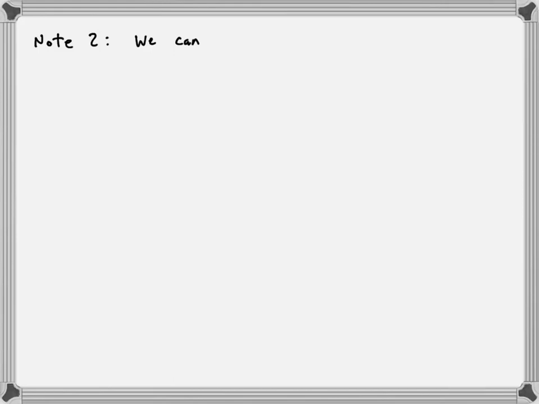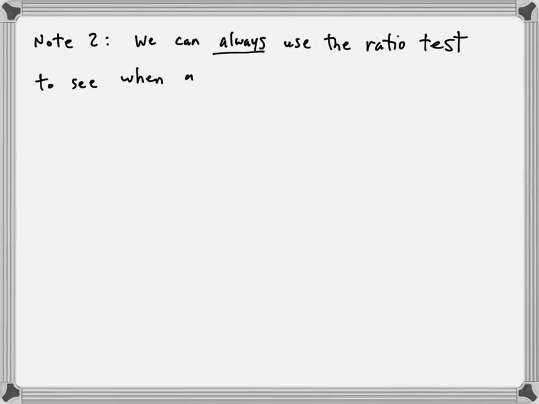So here's something important. We can always use the ratio test to see when a power series converges. Why do we know we can always use the ratio test?